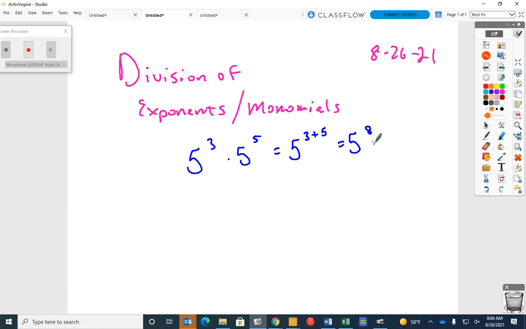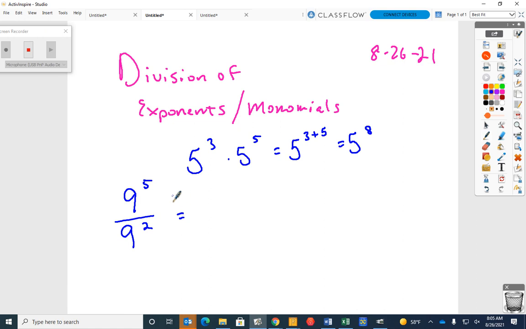Okay, so let's think about this for a second. If we add exponents when we multiply, what do you think we're going to do when we divide? Macy? Good guess. Subtract, okay? So if we have something like this, let's say I have 9 to the 5th divided by 9 to the 2nd, okay? First of all, is my base the same?